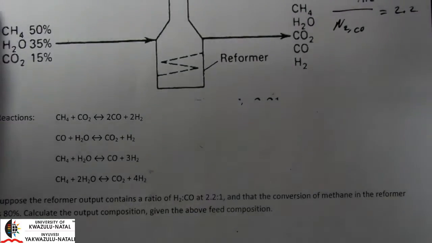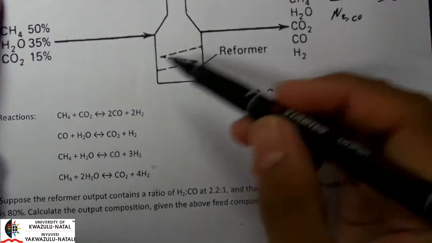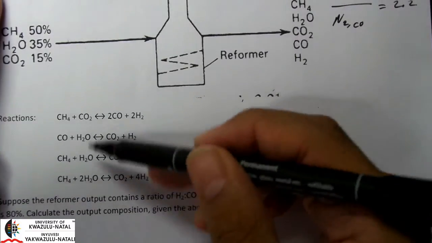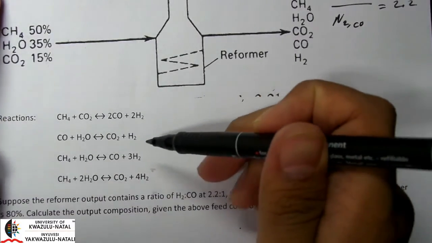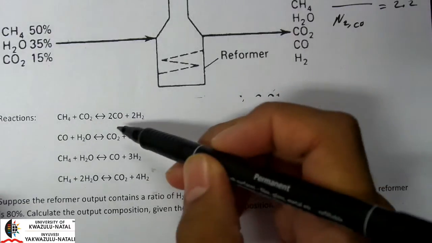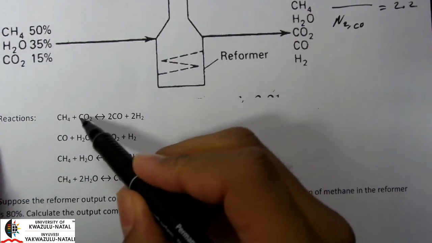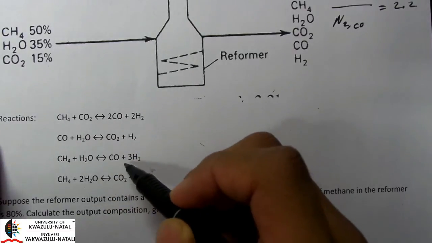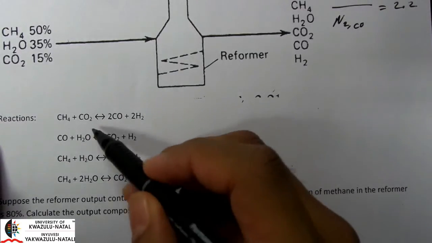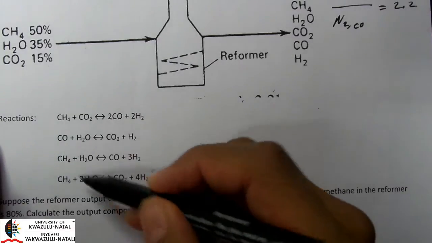Now the immediate problem is the fact that our reaction set has 4 reactions. Also, what you will note about these reactions is that the same species occur in multiple reactions.